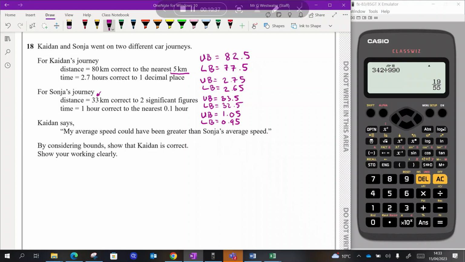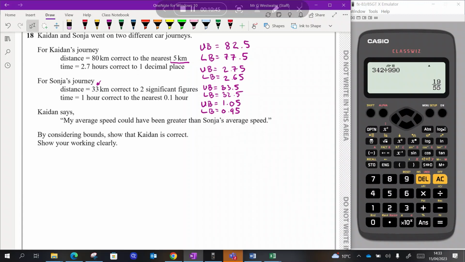Now, Caden says, my average speed could have been greater than Sonia's average speed. By considering bounds, show that Caden is correct. Okay, so what's the maximum for Caden? Well, it's going to be the largest, because in terms of speed it is kilometres per hour.